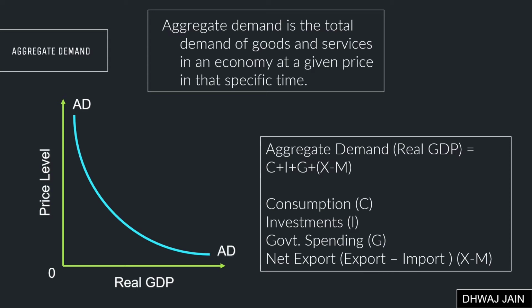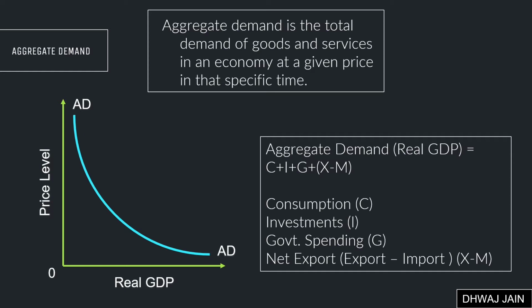The C means consumption, the I means investment, the G means government spending, and the X minus M means net exports, which is exports minus imports.